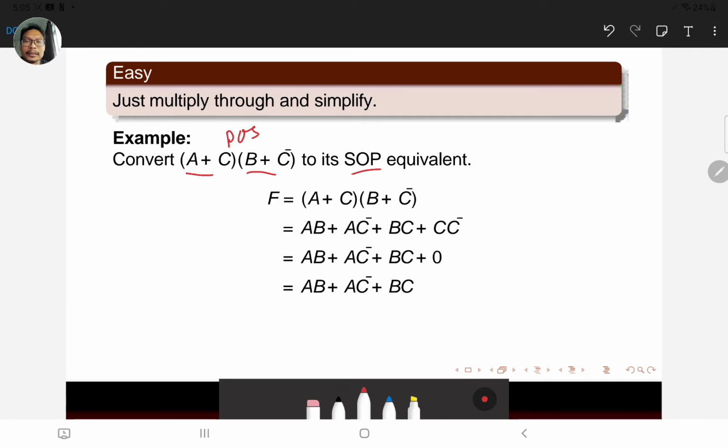So here is AB plus AC bar, plus BC plus CC bar, and CC bar here is 0, so we have the following: AB plus AC bar plus BC. So here is your SOP equivalent, with 6 literals in the original and here you have 4 literals.